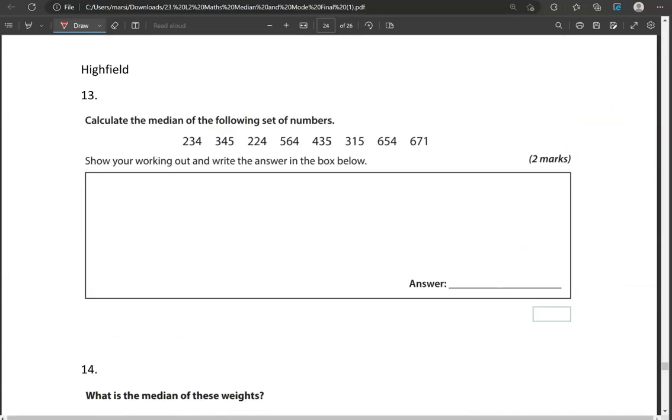Calculate the median of the following set of numbers. Show your working out and write the answer in the box below. So we're going to start by ordering the numbers.